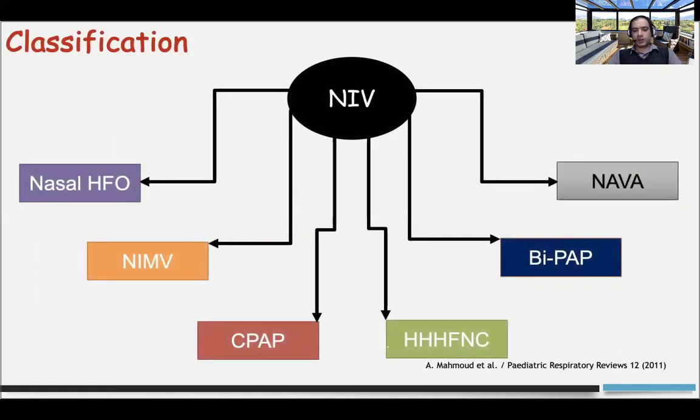Coming to non-invasive respiratory support, there are 6 modalities, the common ones being CPAP and HFNC. We'll be discussing NIV today. The other modalities include BiPAP, which is also sometimes considered a part of NIMV or NIPPV, and the two newer modes, that is nasal HFO and NAVA.